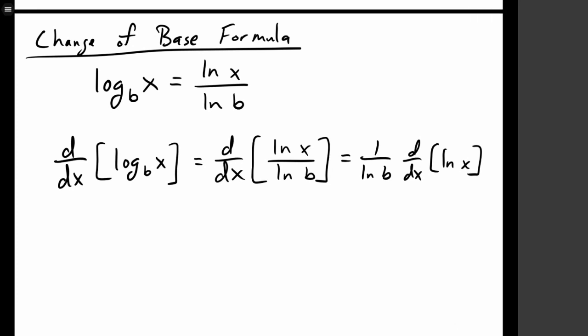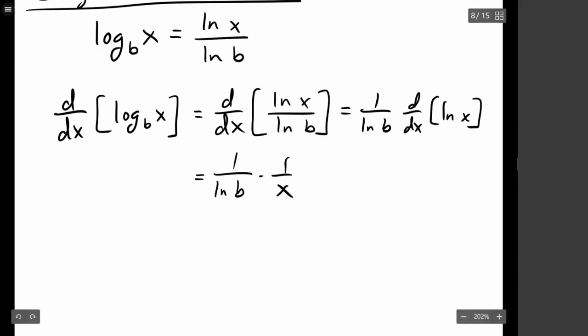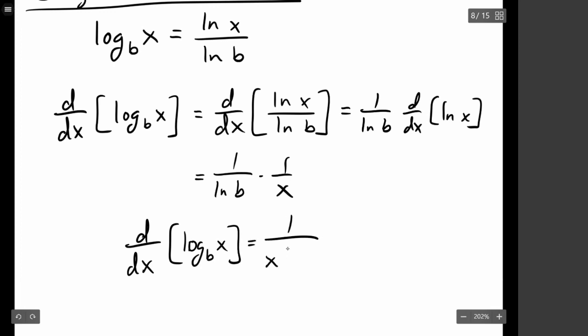And we know the derivative of ln x is 1 over x. So there's our derivative. We'd usually write this a bit neater: the derivative of log base b of x is 1 over x ln b.